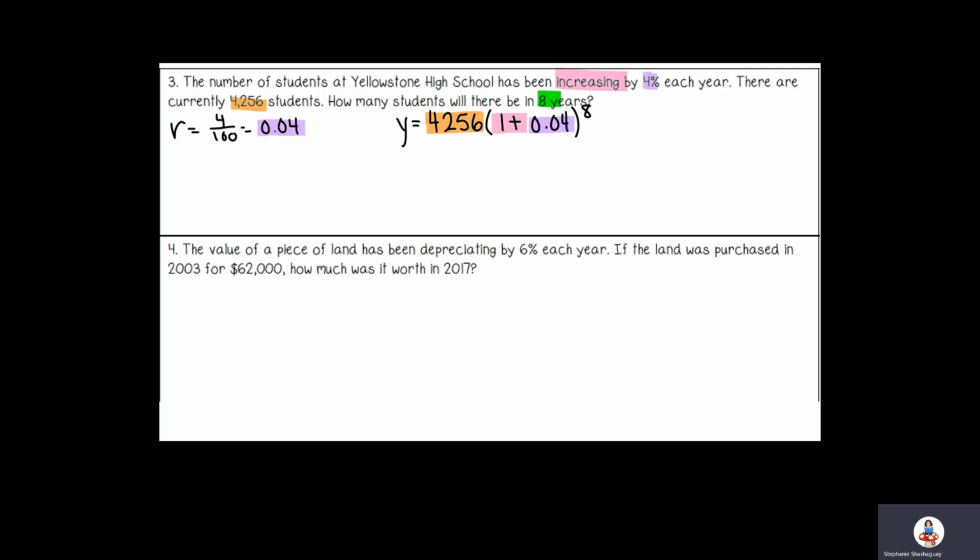Now 1.04 to the 8th power is going to be 1.37. And when I multiply 1.37 times 4,256, I get 5,825 students. Because I'm talking about students, I should not have any decimals in my answer.